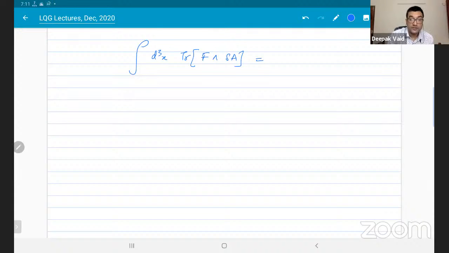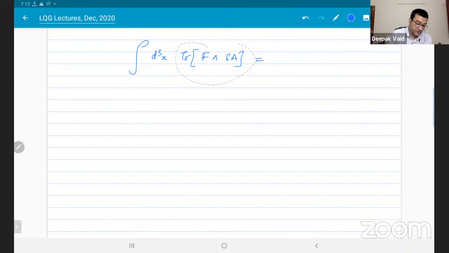One second, something in the chat. Demolia is saying that in Yang-Mills theory, self-dual solutions can lead to finite energy configurations. Yeah, self-dual solutions have all sorts of nice properties. But the thing is that here, again, to emphasize, the solution is self-dual only on the horizon, not in the bulk, not everywhere. Okay.